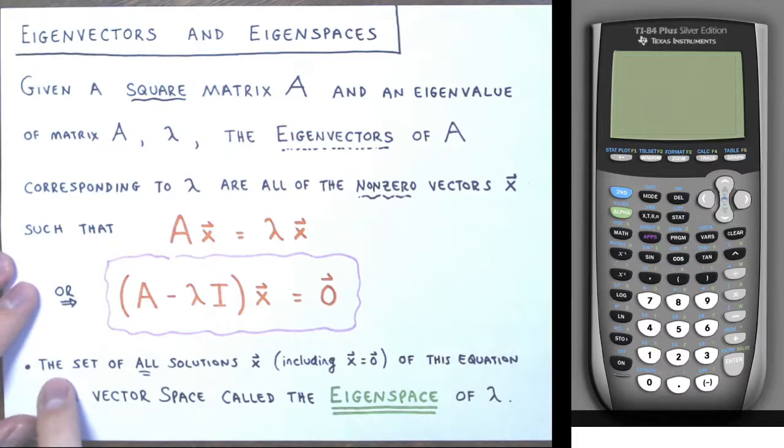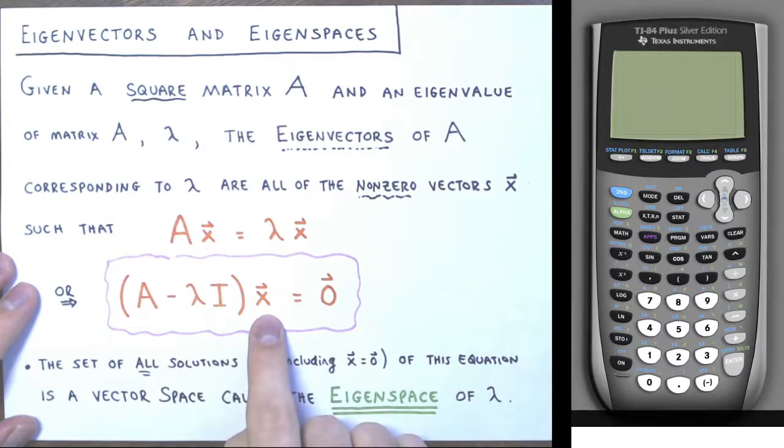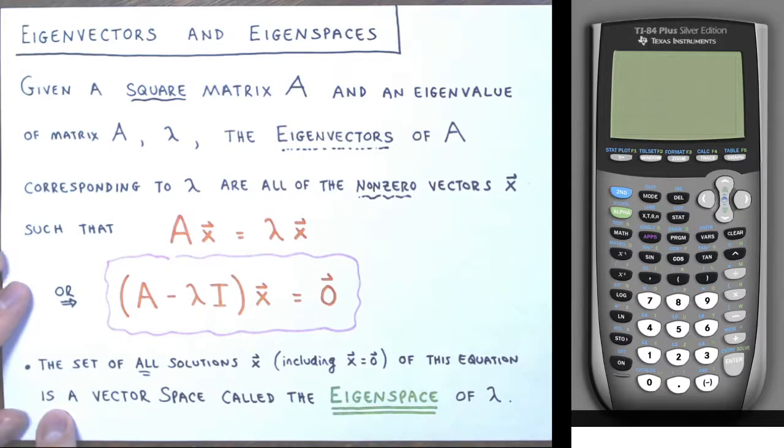Now, the set of all the solutions x, all the x's that I can replace this with, including the 0 vector, so all the eigenvectors along with the 0 vector, which is not an eigenvector, make up a vector space.